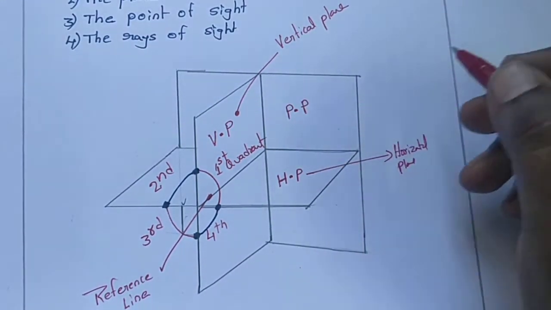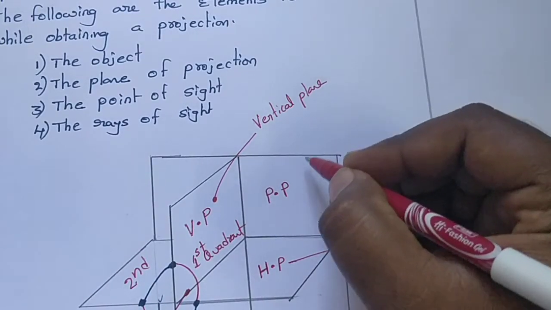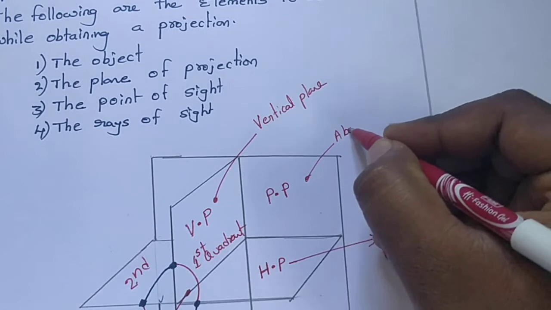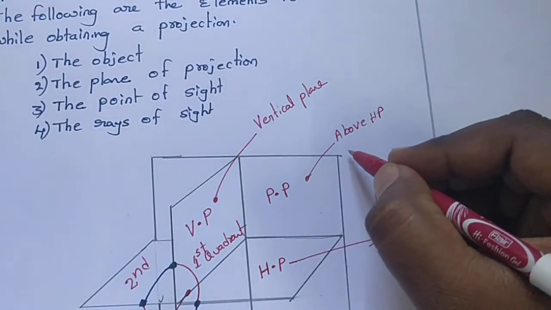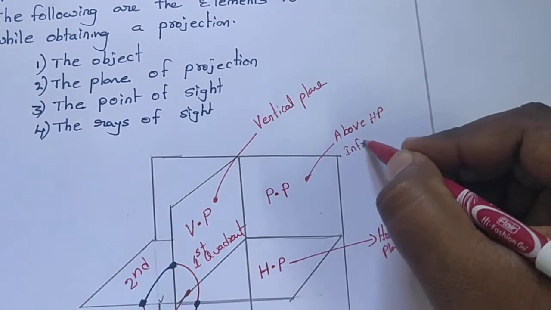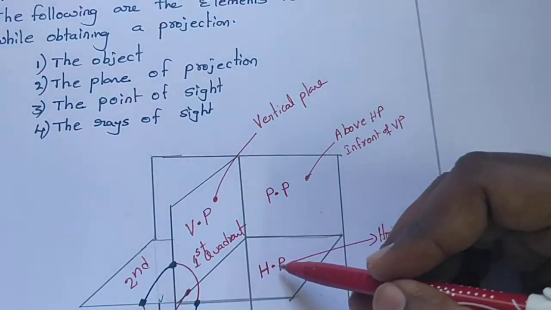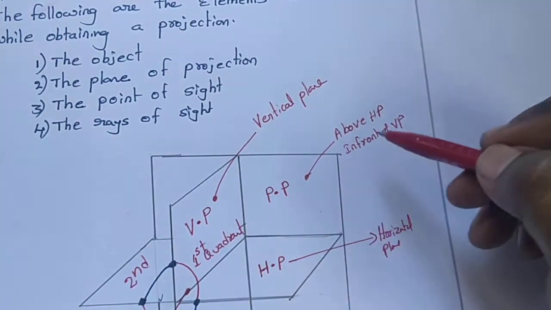The position of the object is written as above HP and in front of VP, because the object is above HP and in front of VP.